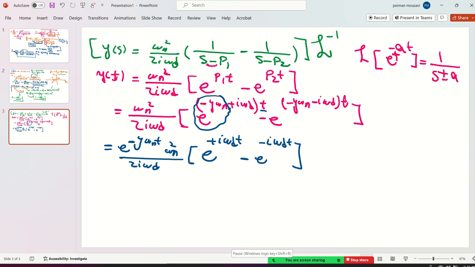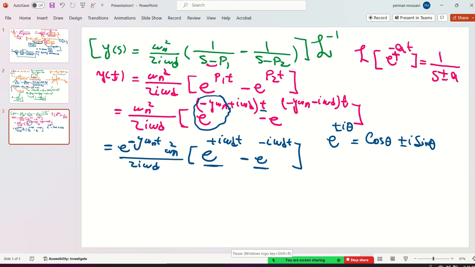I'm teaching you because I'm professor. I have to teach you how you're going to see this in Simulink and MATLAB. But the Euler, remember, Euler says e to the i theta, I taught you several times, is cosine theta plus minus i sine theta. This is Euler we are using.